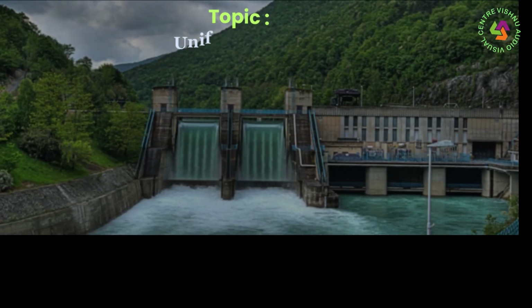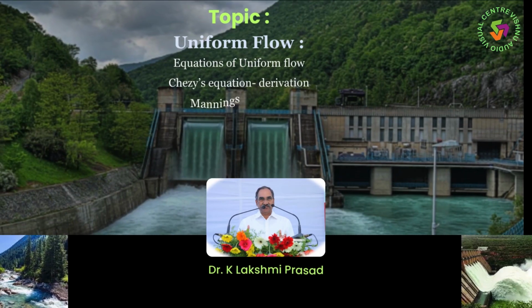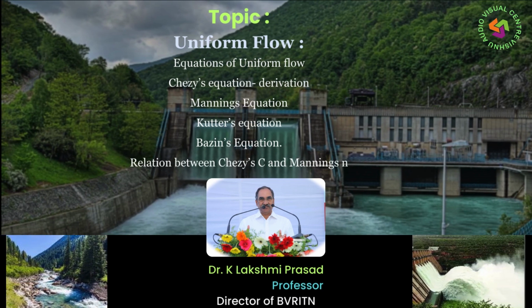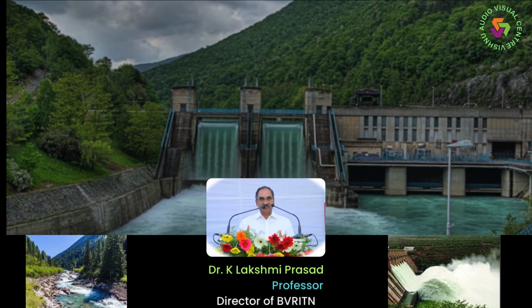While calculating the discharge, first we calculate the velocity, and velocity multiplied by the area of the flow section will give you the discharge. So if you want to determine the channel discharge, what equations are you going to use? What's the basis for those equations? How are you going to do it? That we will take up.